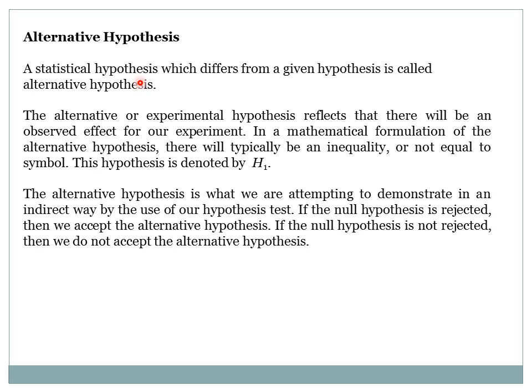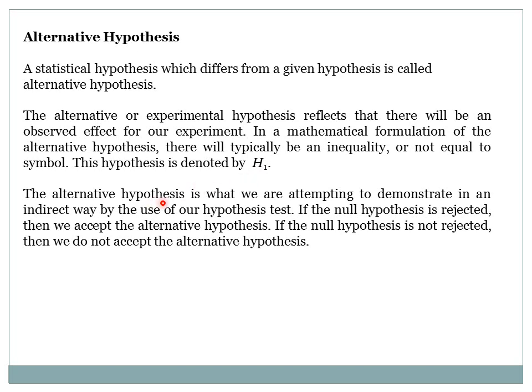Okay? The alternative or experimental hypothesis reflects that there will be an observed effect for our experiment. Correct? In mathematical formulation, for the alternative hypothesis, there will typically be an inequality sign or not equal to sign, and the symbol is denoted by H1. Okay? Alternative hypothesis is H1, null hypothesis is H0.